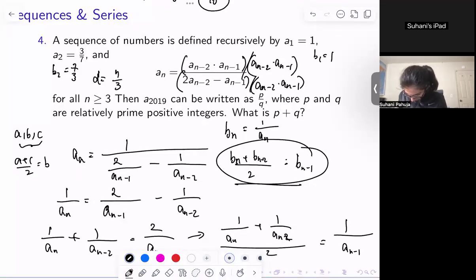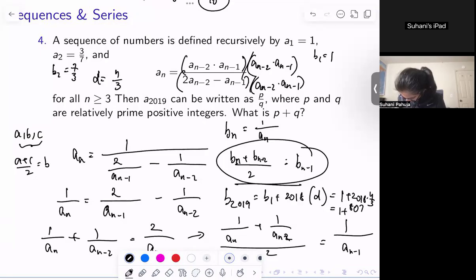So that means that b_2019 should be equal to b_1 plus 2018 times the common difference d, which is just 1 plus 2018 times 4/3, which should be equal to 1 plus 8,072 over 3, which gives us 8,075 over 3.